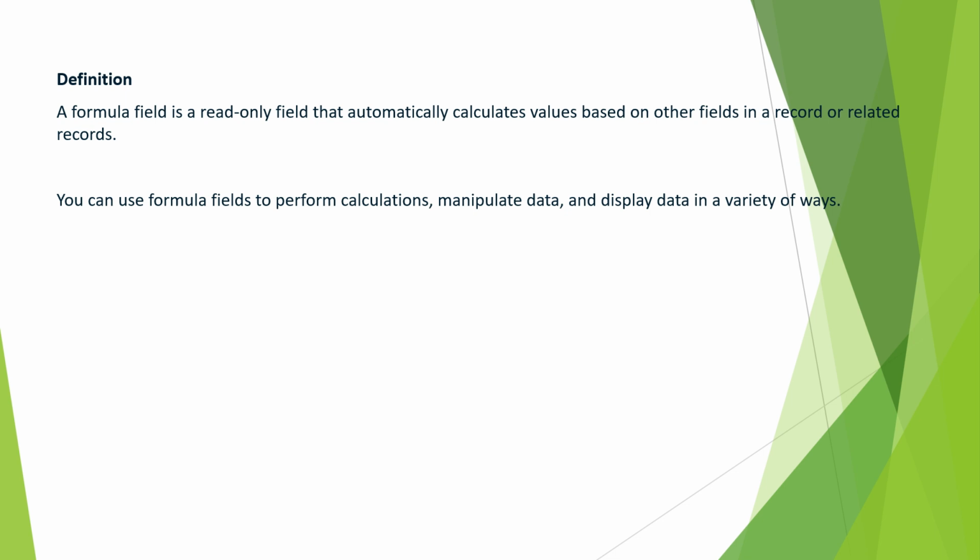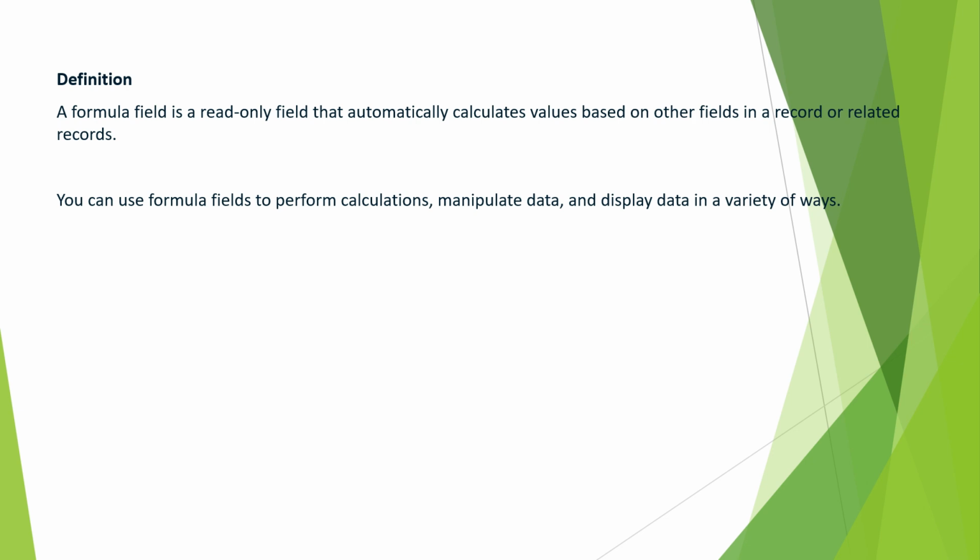Read-only field means you cannot edit that field, and it is a formula field and it calculates the values based on other fields. And these formula fields you can use to perform some kind of calculations or manipulating the data.